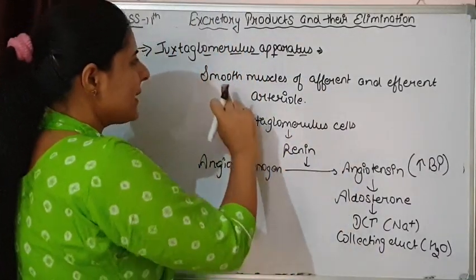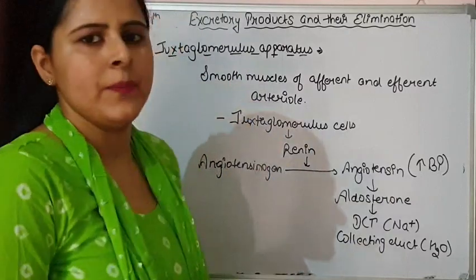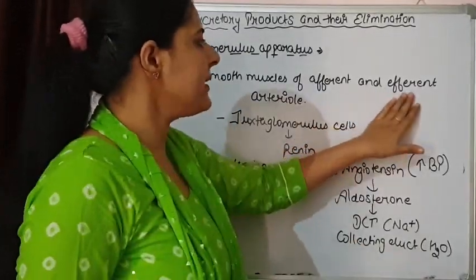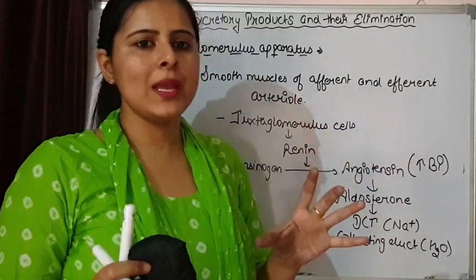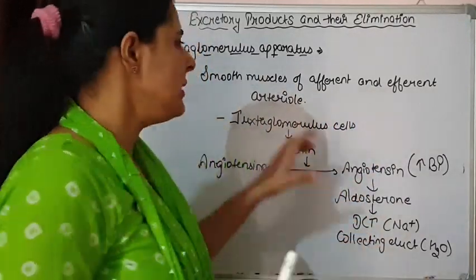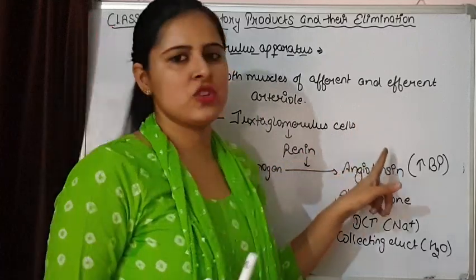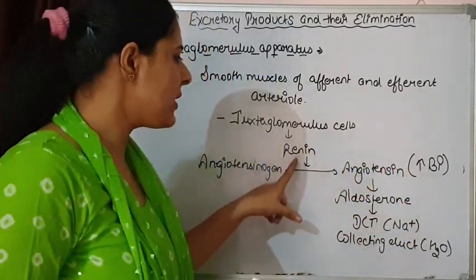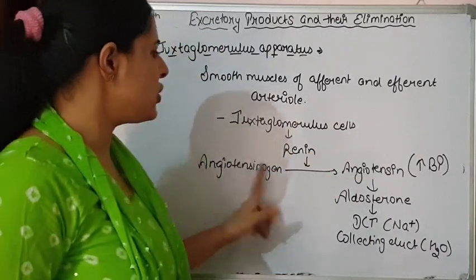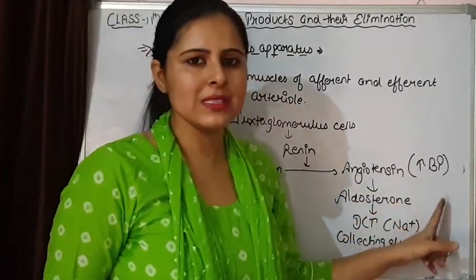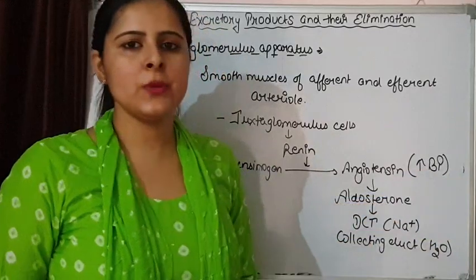I am repeating it again. The cells of the afferent and efferent arterioles, the smooth muscle cells, are going to swell and increase in size, and these cells are now known as juxtaglomerular cells. They are going to secrete renin. This renin is going to activate angiotensinogen into angiotensin, which is going to increase the blood pressure.